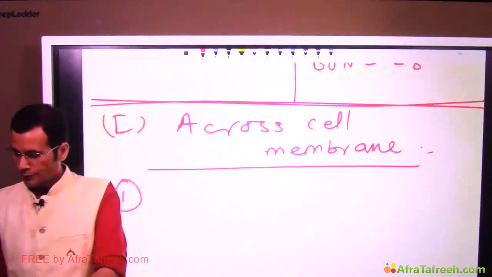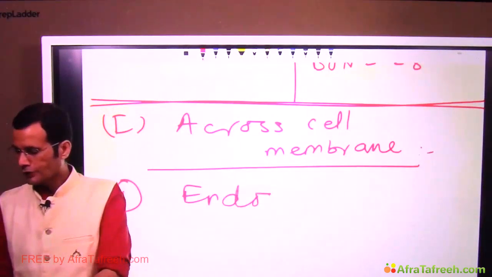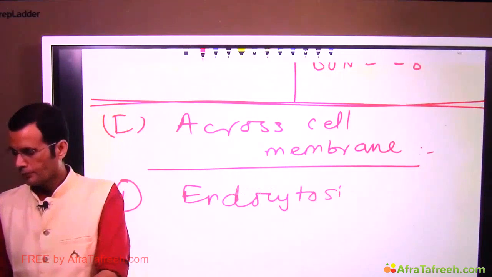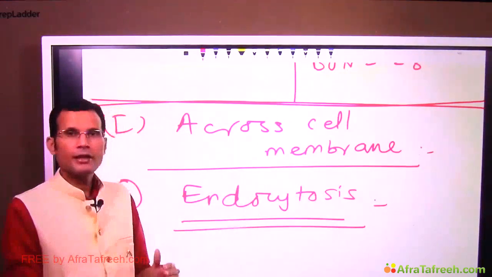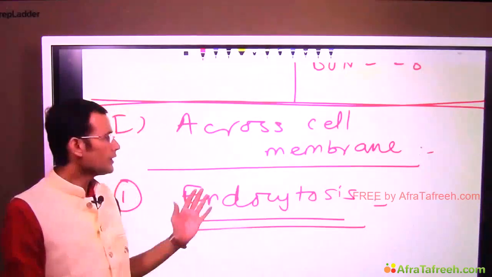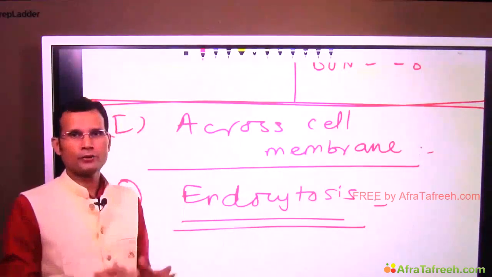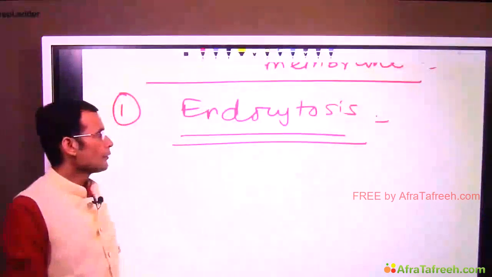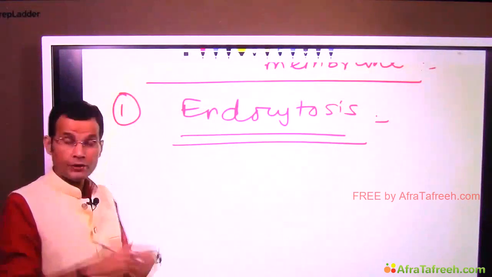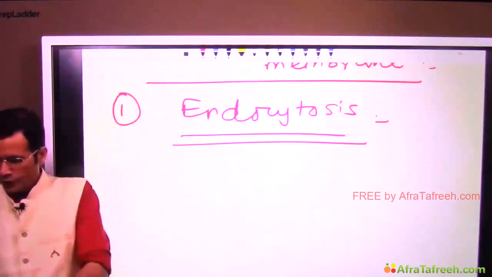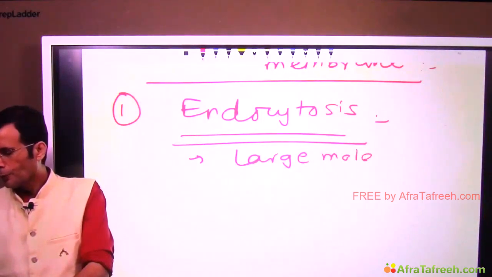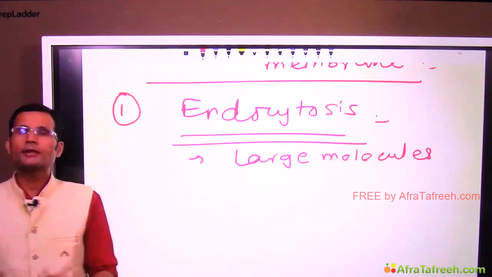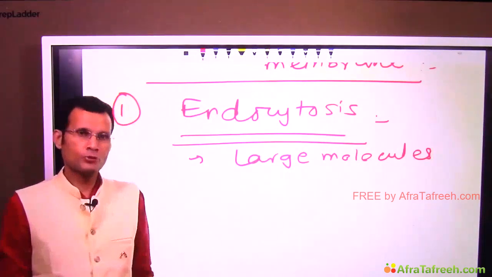Well, the first one, endocytosis. Many substances enter the cell, they are internalized by this process called endocytosis. But the question is, what type of substances choose this method? Large molecules. The point is, these substances cannot diffuse through the cell membrane.